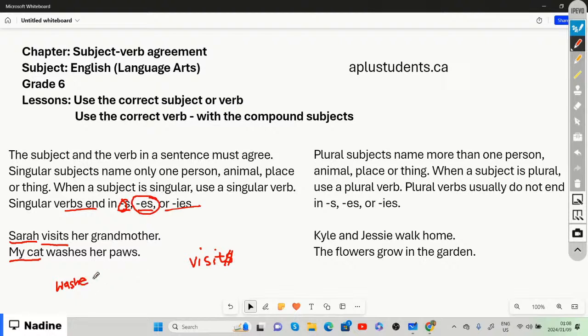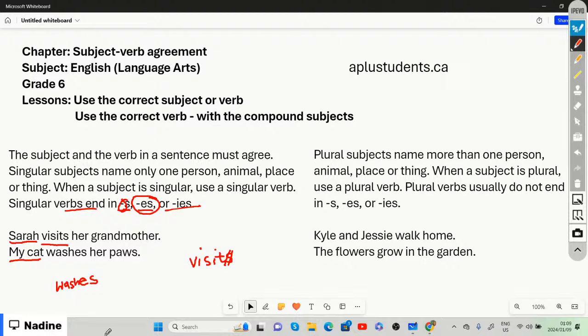So our subject as well as our verb are in agreement. Our singular subject, which names one person, animal, place, or thing, uses a singular verb, and our singular verb ends in s, es, or ies.